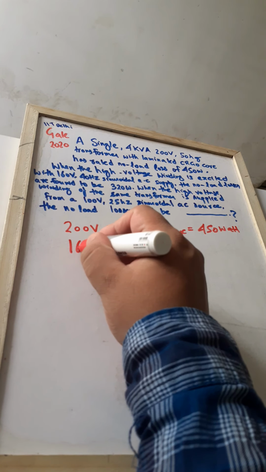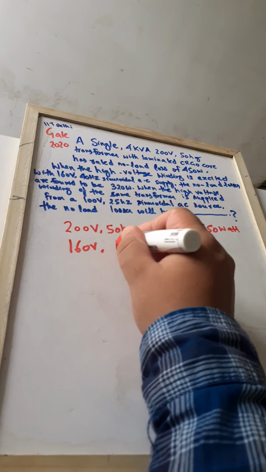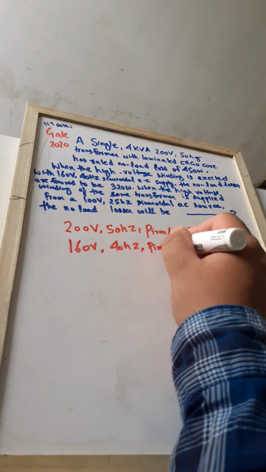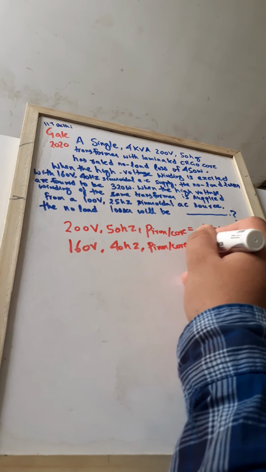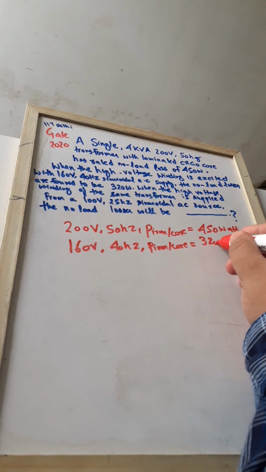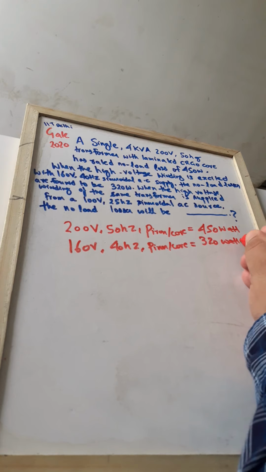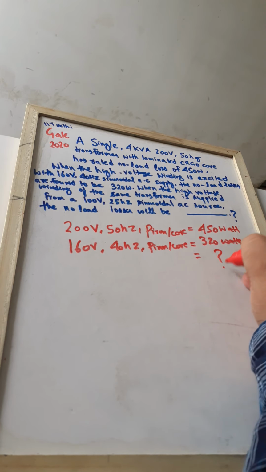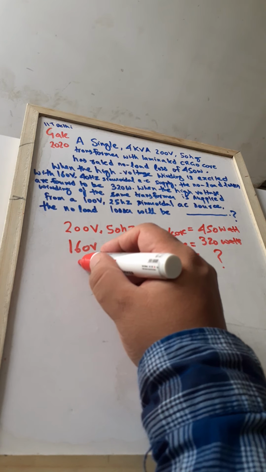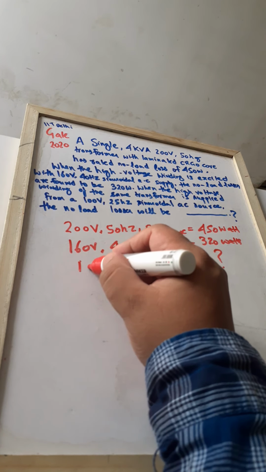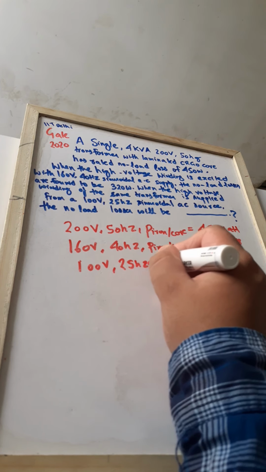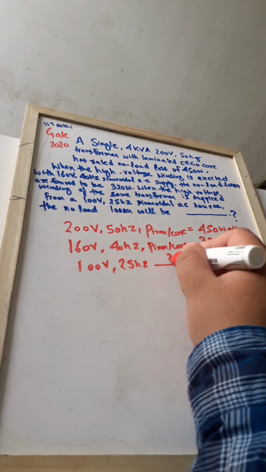At 160 volts and 40 hertz, these losses P iron, or core, are 320 watts. Now the question is asking what the losses would be at 100 volts and 25 hertz.